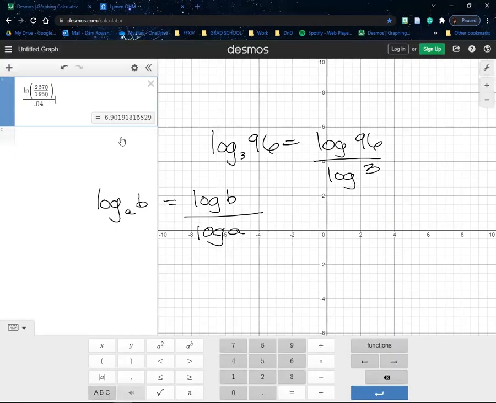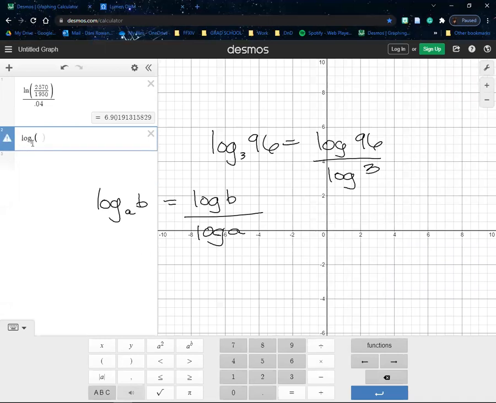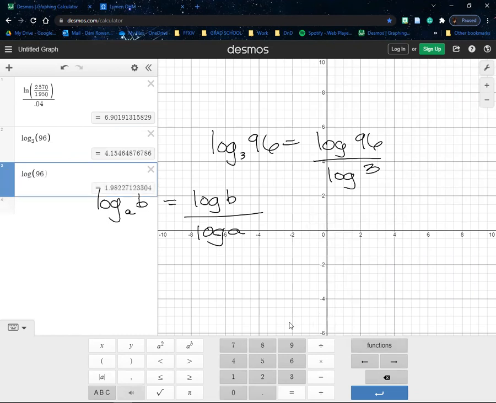But if you have Desmos that you're using, you could go to functions and you see the log, see the difference? There's log and then there's log base A. If you do log base A, it allows you to change the number that's there, and you could do 96. And I'll show you both ways just so that you have it. If you have 96, close your parenthesis, divide it by log of 3, and it is the exact same thing.